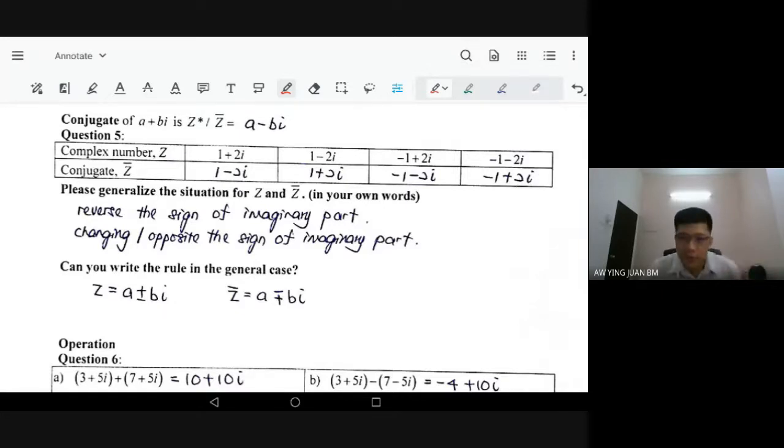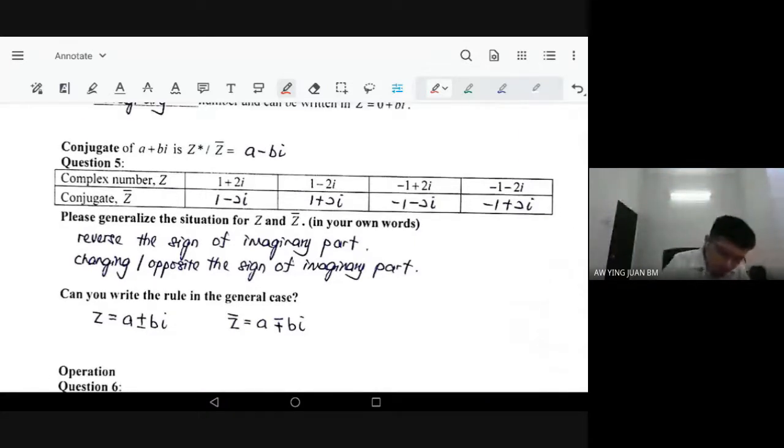Kalau you masih ingat, the answer will be from the irrational to rational. Catatlah ya. Focus conjugate adalah from Q bar to Q.